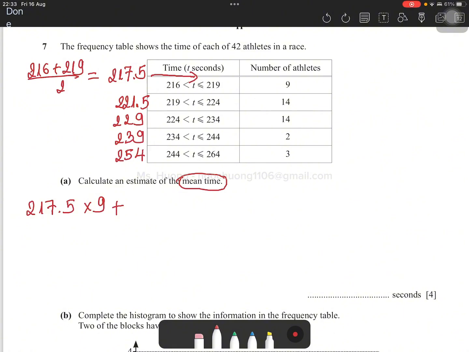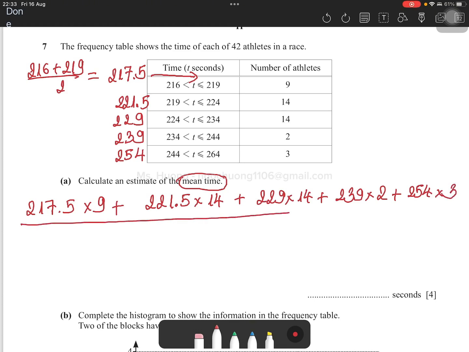So we multiply each mid value by the corresponding frequency. 229 corresponds to 14. 239 corresponds to 2. 254 corresponds to 3. Then we divide everything by the total. There are 42 athletes, so we divide this by 42. And the answer is 226 seconds.